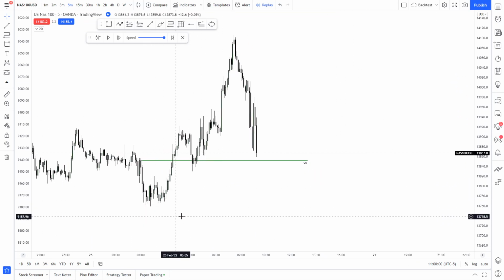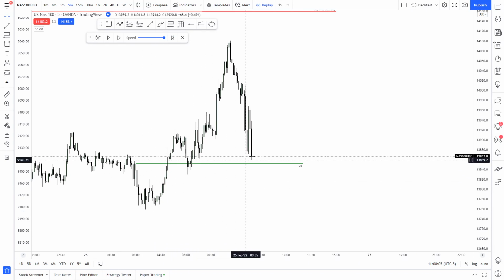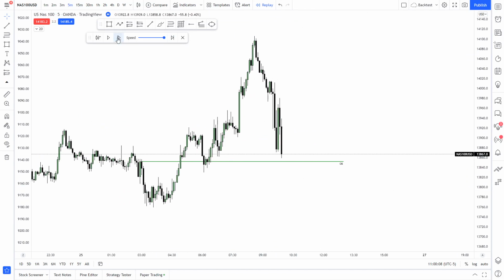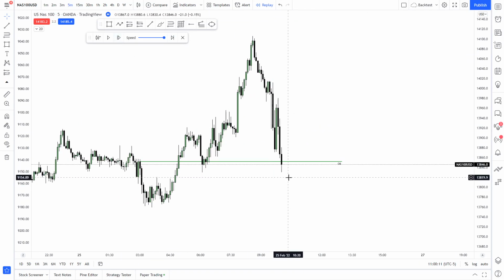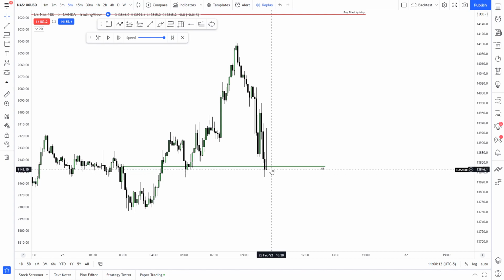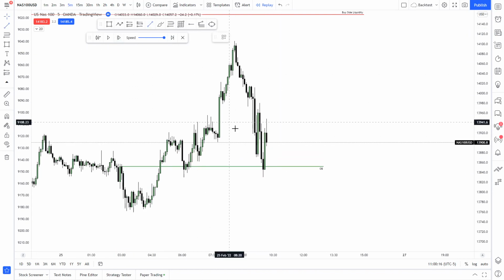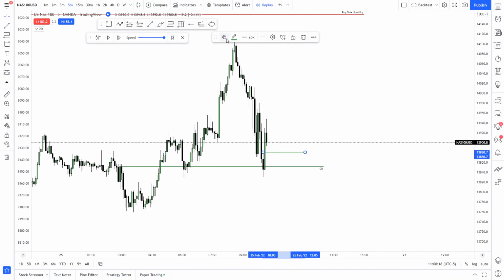We don't want to see price come anywhere near these lows, so we don't want to see any invalidation of these. Okay, so now price comes into the order block, displaces, it gives an FVG and an order block. So this is an order block and it gives an FVG.